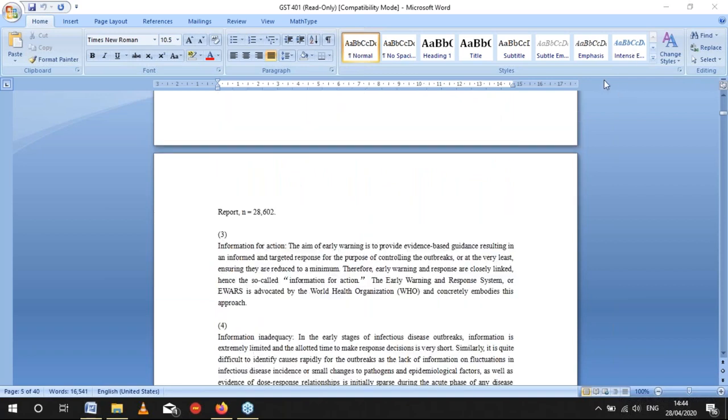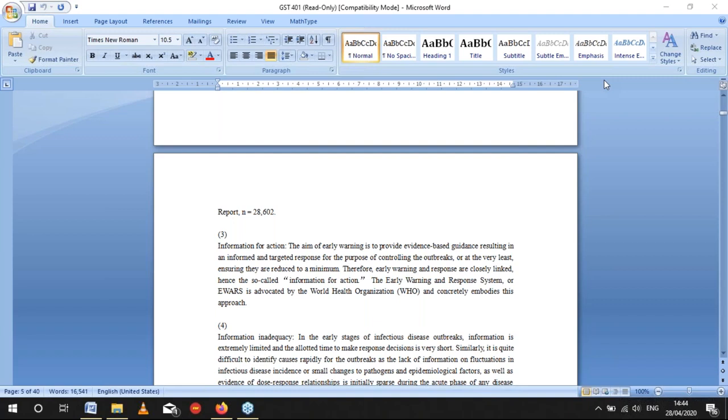We have three major terms. Number one is early warning. Number two, early warning system. Number three is prediction. I will quickly explain or define all of these three terms.